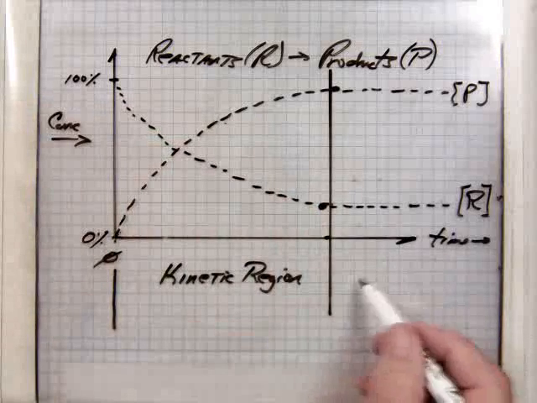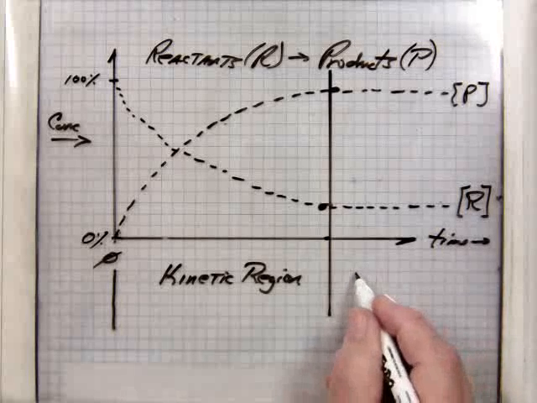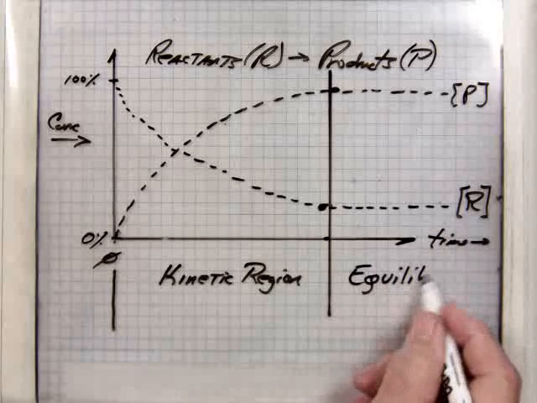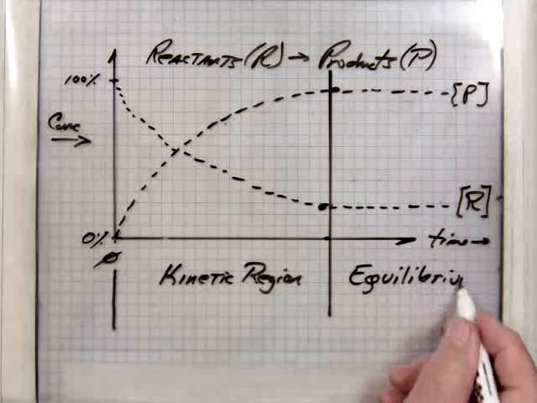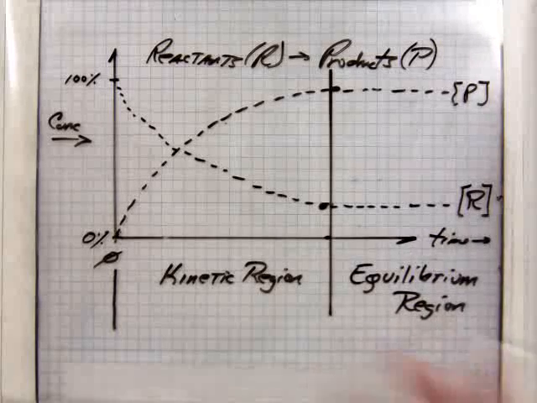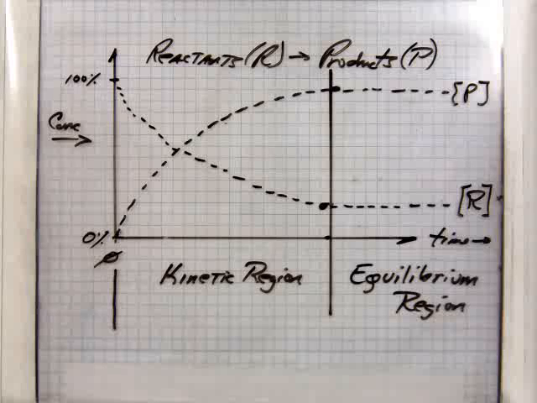In the region where the slope of the line becomes 0, this is the equilibrium region. In that space, we apply principles that define the reaction in the equilibrium condition, a steady state condition.